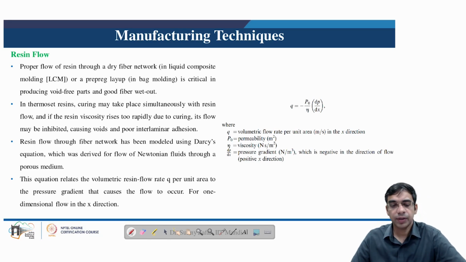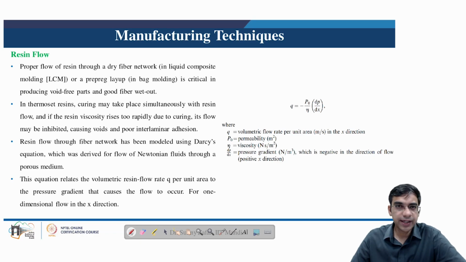Or these are also important if prepregs are being utilized, especially in the vacuum bag molding process, which is critical to produce void free parts and fiber with good wet out. So resin flow is also important because the resin, as we know, is very viscous, and its flow also needs to be proper into the mold so it is appropriately wetting out the fiber.